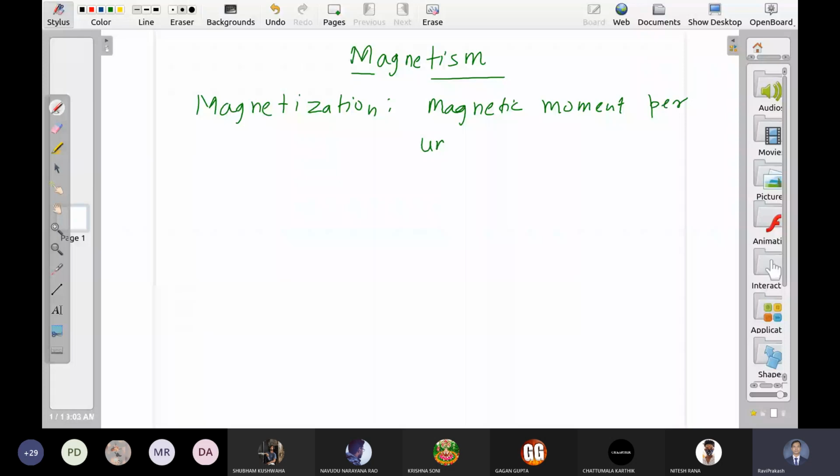The stronger the magnetic moment per unit volume, the stronger is the effect of that material.